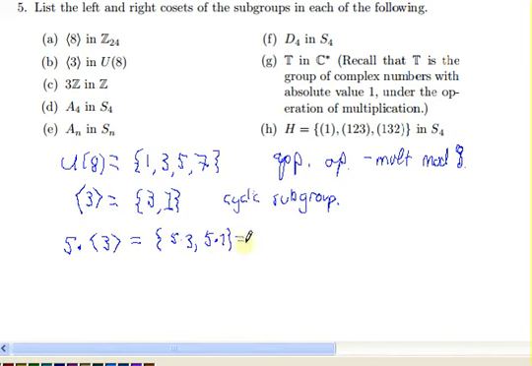That will give me the set 15 and 5. Now 15 mod 8 is what? Well, subtract 8, that gives me 7. And 5 times 1, of course, is 5. So if I take 5 multiplied by the cyclic subgroup, I get this other set. And this set is actually called a coset of 3 that contains 5.